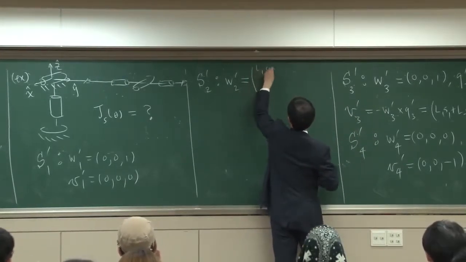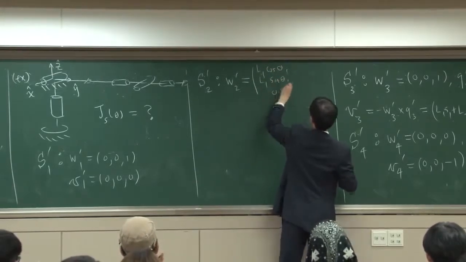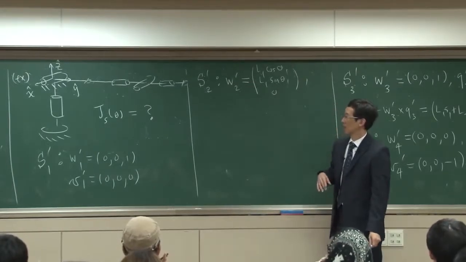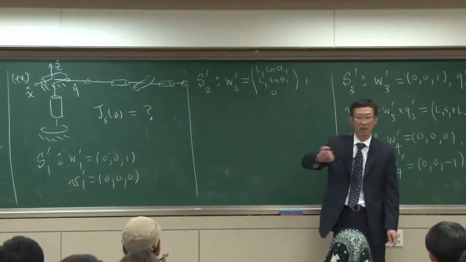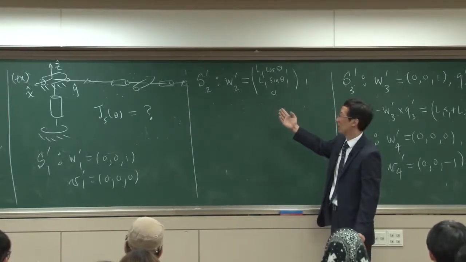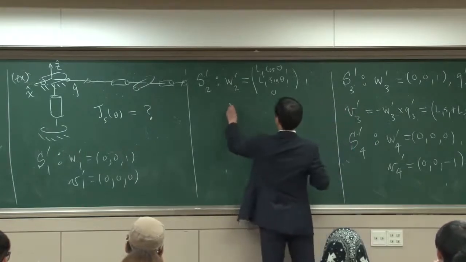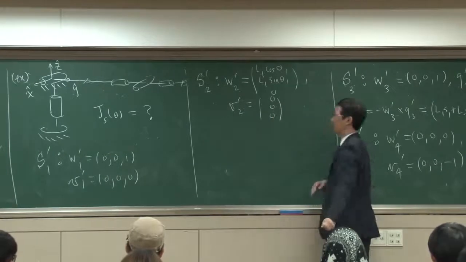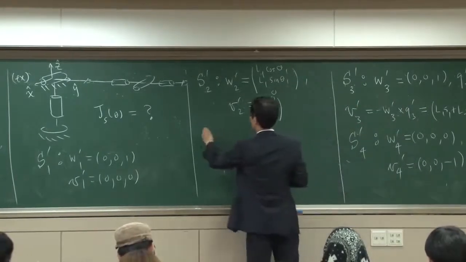It's L1 cosine theta 1, L1 sine theta 1, 0. Right? Think about direction of joint axis 2. Okay, depends on theta 1. So what's that? V2 prime. Well, first find Q2 prime. Q2 prime is 0. So V2 prime also 0.